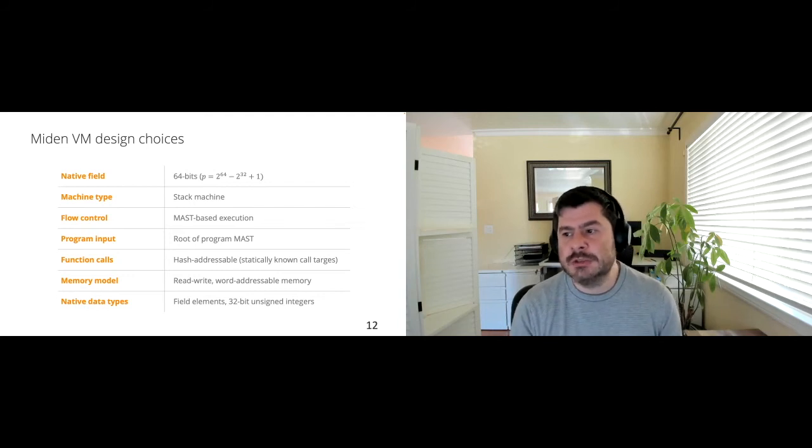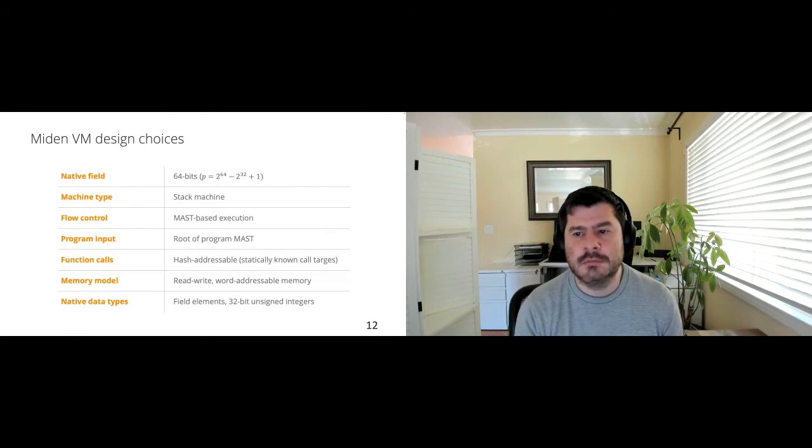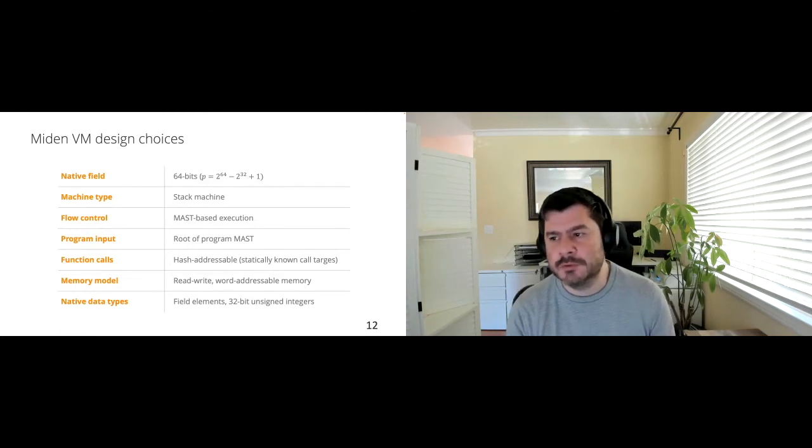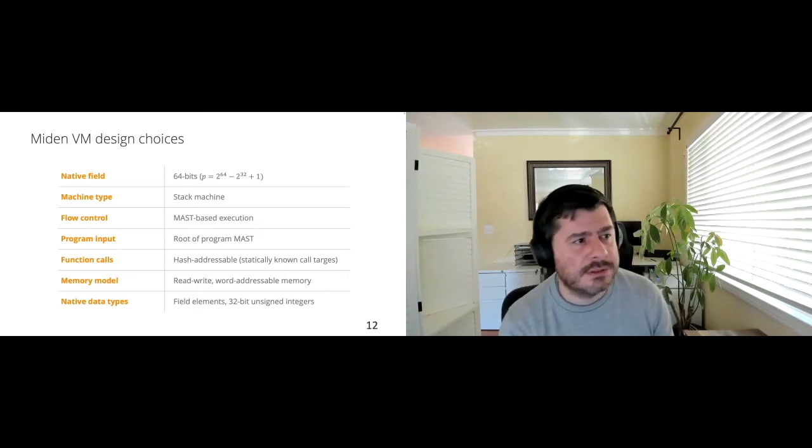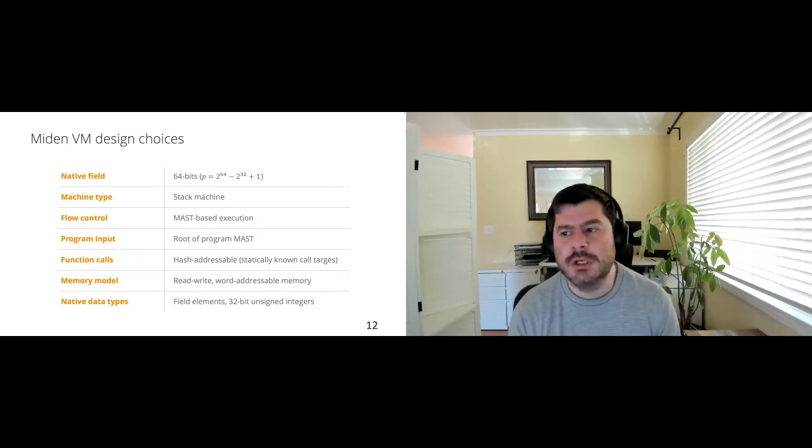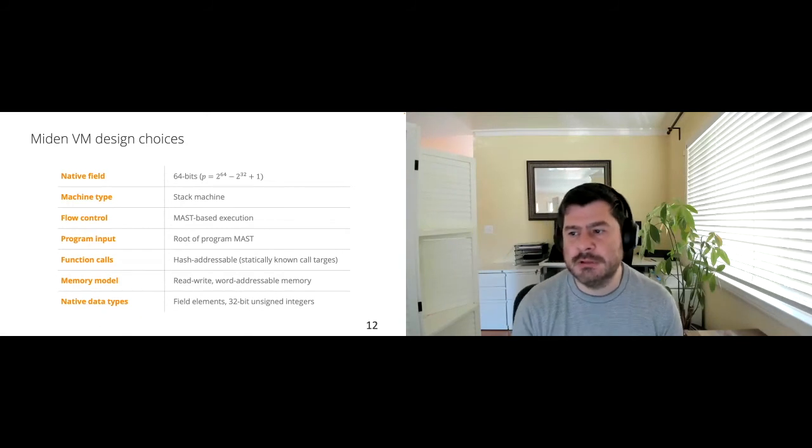Modular reductions are cheap. You can emulate 32-bit unsigned integer operations fairly cheaply in this field. So it has a lot of good properties. The current version, the one that you will see on GitHub right now in the main branch, is still using a 128-bit field, but the one that is being developed in the next branch for Miden VM has already been switched to the 64-bit field.